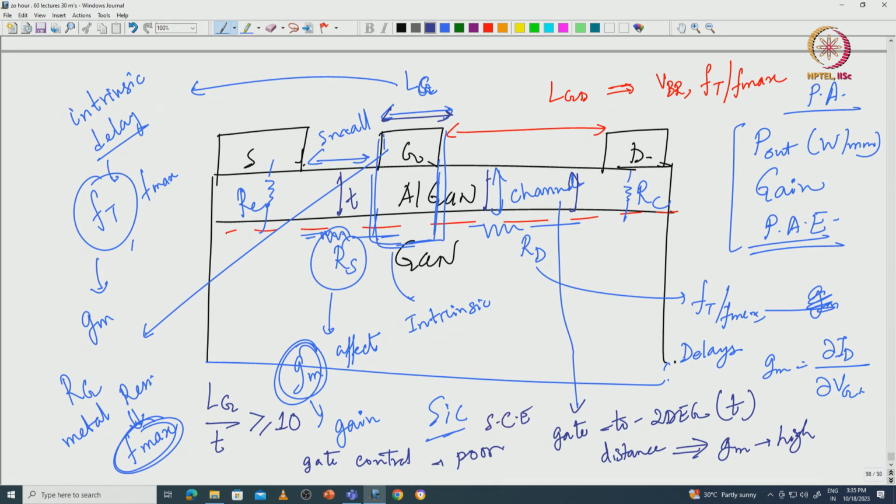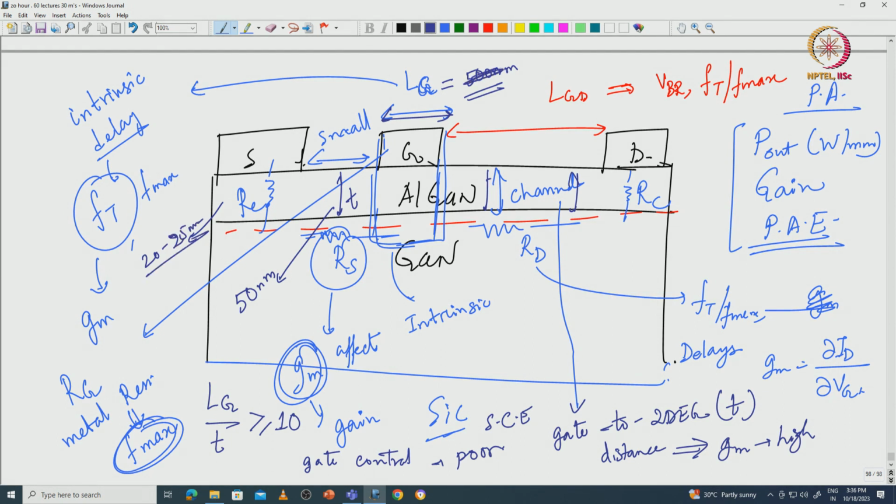Output conductance, for instance, your drain current does not saturate. So if this gate length for instance is 500 nanometer, which is typical gate length for L-band, S-band and even approaching C-band, then this channel thickness should be 50 nanometer or lower. But this channel is typically 20 to 25 nanometer. So we are good, no problem.